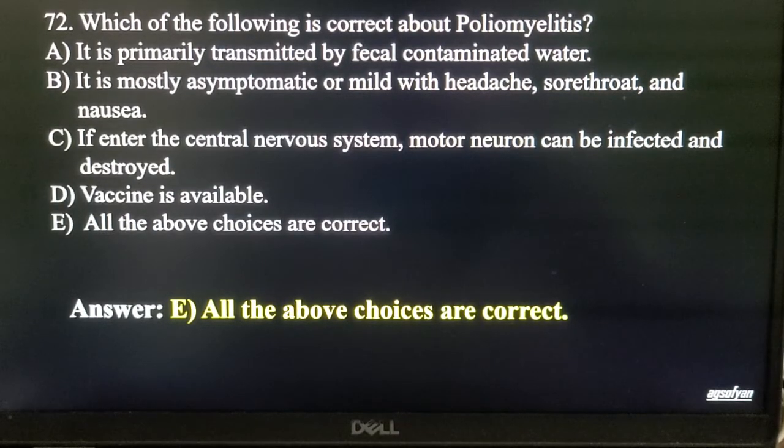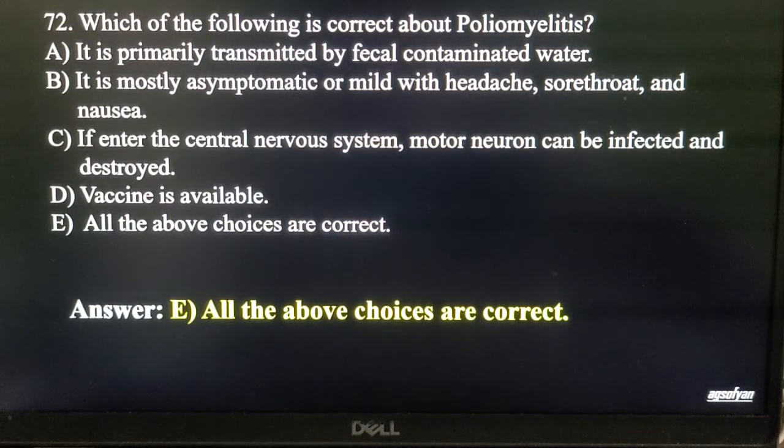They can destroy the motor neurons, especially the motor neurons that control the muscles of the lower part of the body, the ones that control the legs. People that have poliomyelitis usually have legs that become small and they are unable to move them. Paralyzed, because the motor neurons are destroyed.